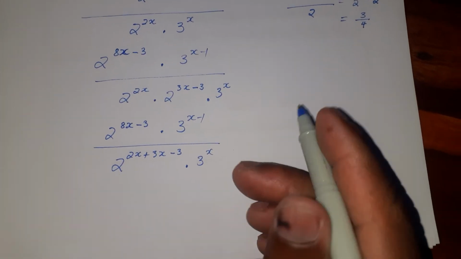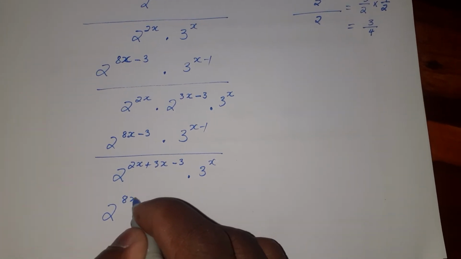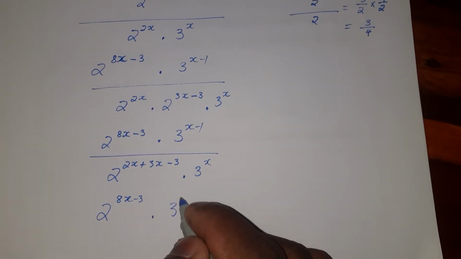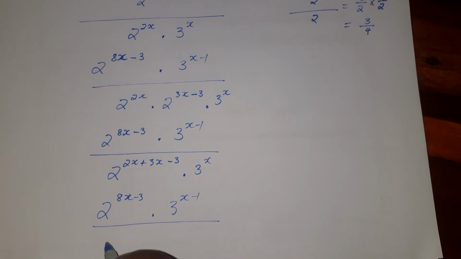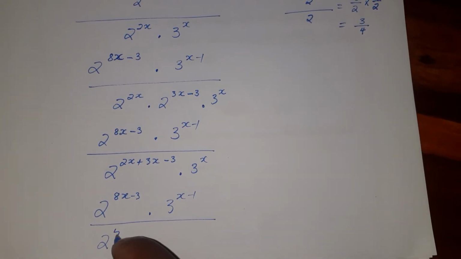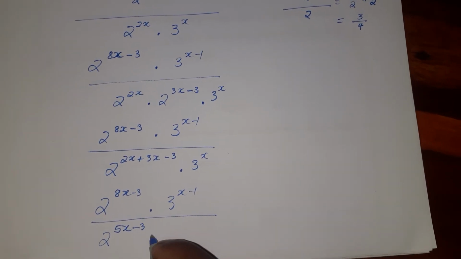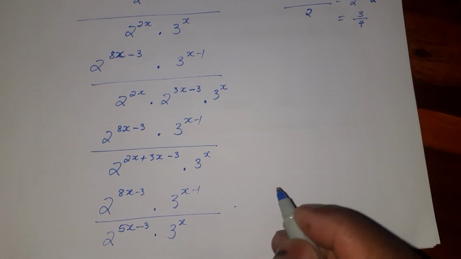Now here you are going to have 2 to the power 8x minus 3, multiplying by 3 to the power x minus 1, and then here we write 2x plus 3x, we get 5x, and then minus 3, multiplying by 3 to the power x.